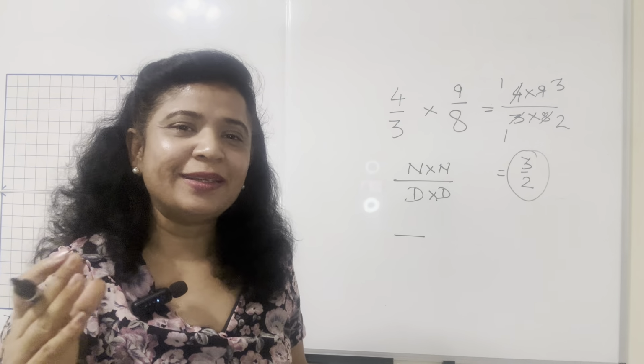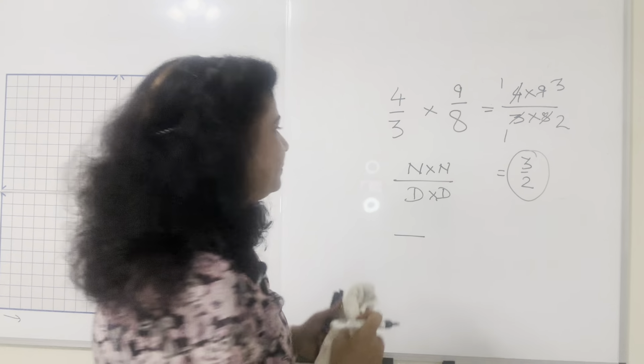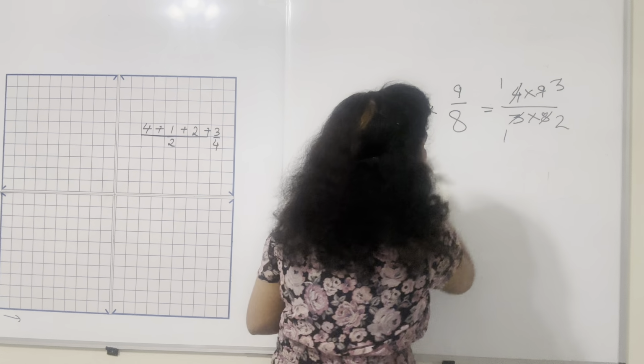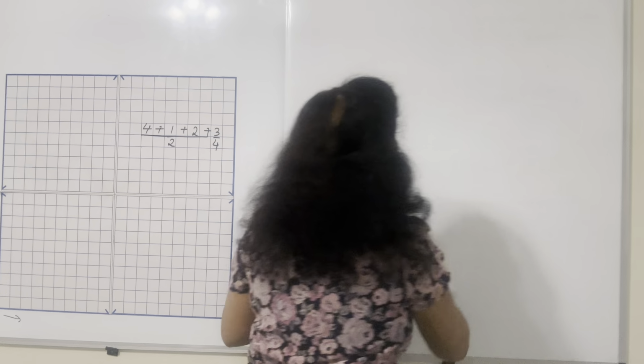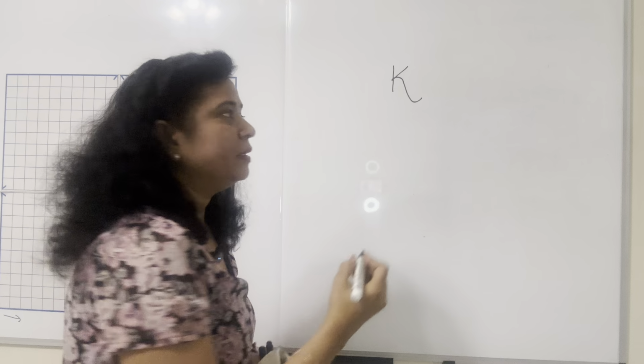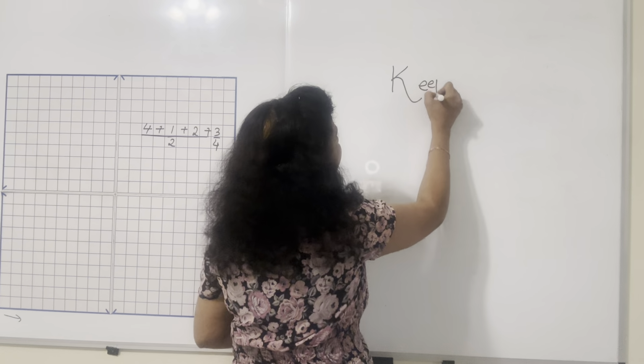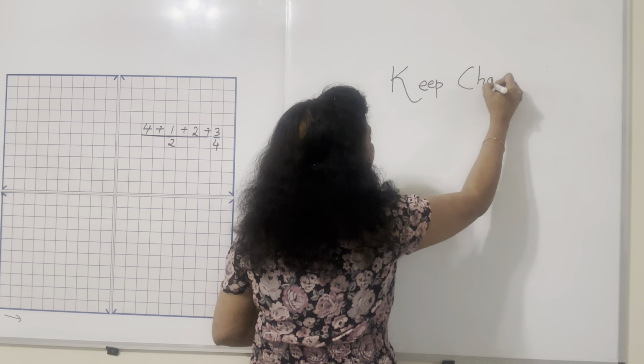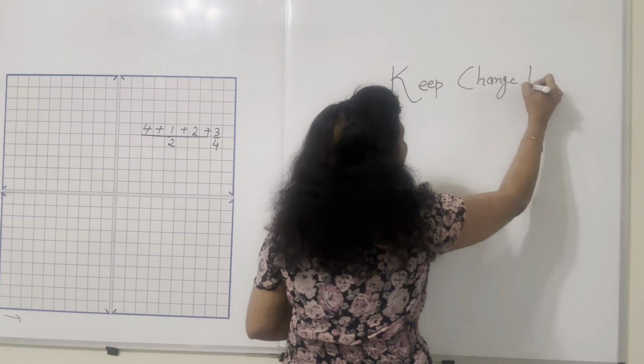Okay, so this was the multiplication. Now the last one is called division. Before I say division, please remember this: keep, change and flip.